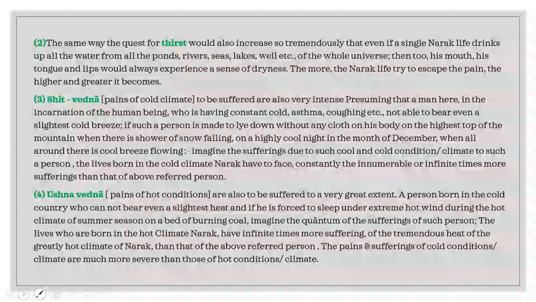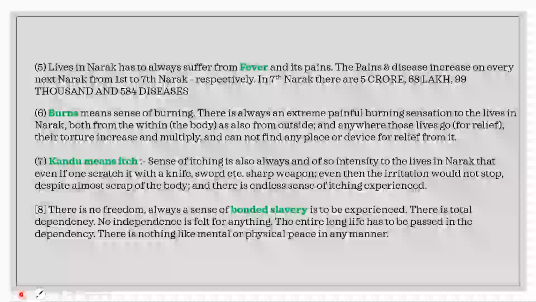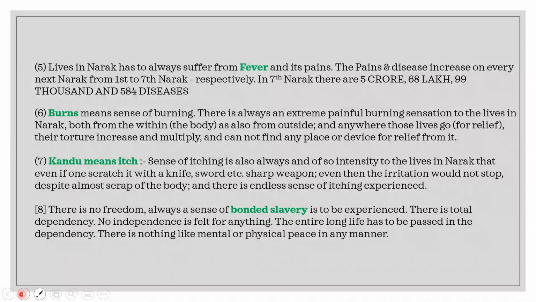Now, one thing you have to understand, this pain goes on increasing from the first to the seventh Narak. So in the seventh Narak, the pain is the most intense. Then the fifth type of pain given in the Tattvarth Sutra is the pain of diseases and fever. So Narki Jeeves have constant fever, and the number of diseases goes on increasing as you go down.